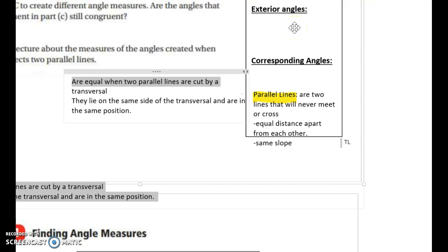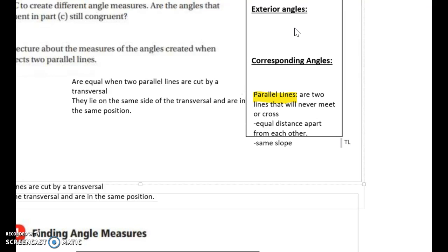Corresponding angles are when two parallel lines are cut by a transversal, and the angles both lie on the same side of the transversal in the same position.